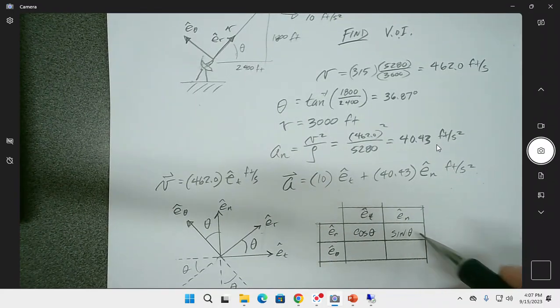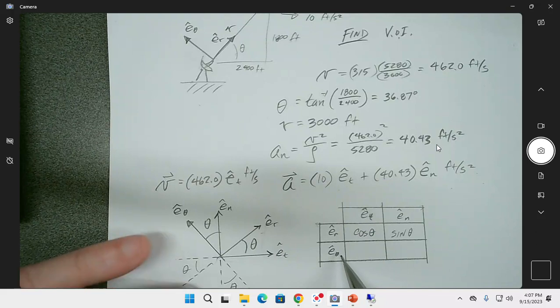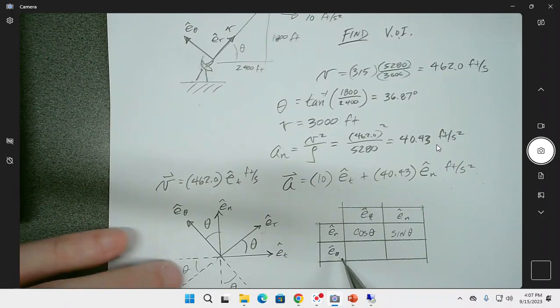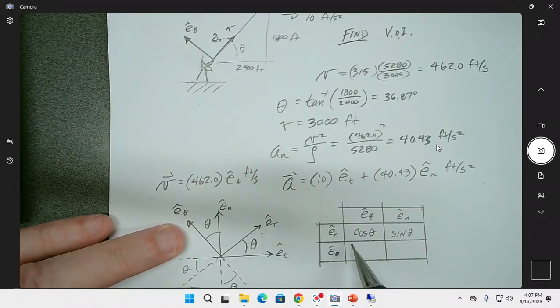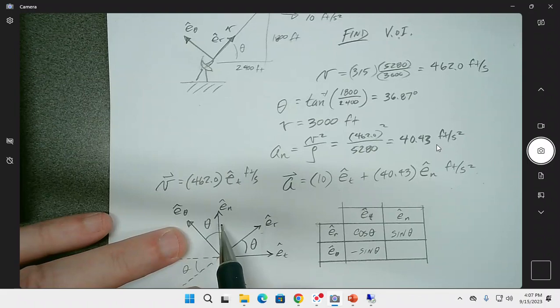Positive sine. Okay. It's already late in the day for me. We'll see how loopy I get in the next hour. ET should be negative sine. And then lastly, EN should be cosine.